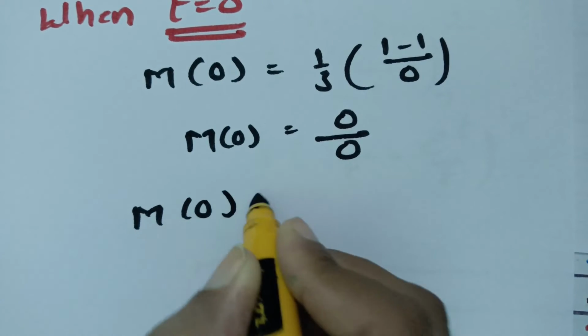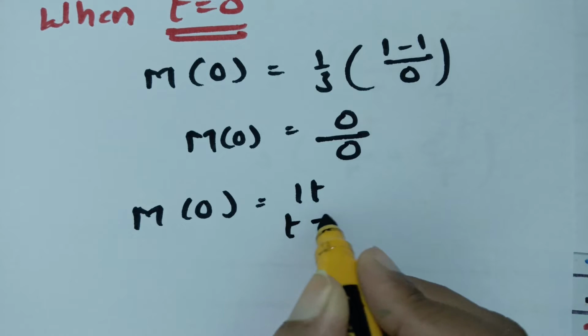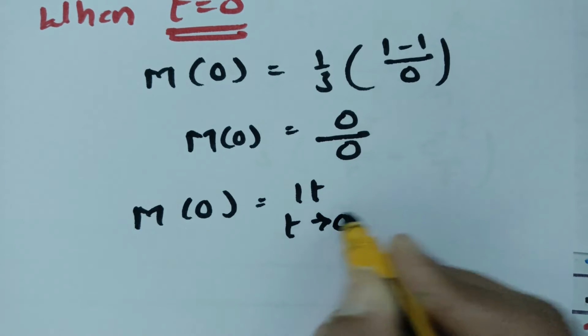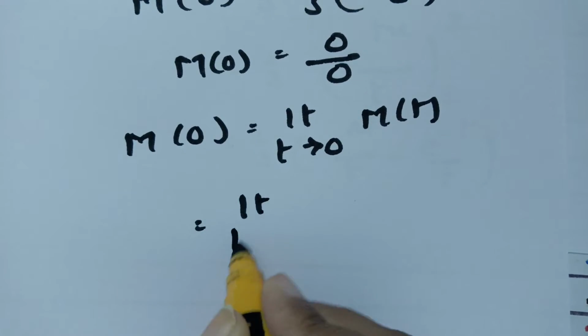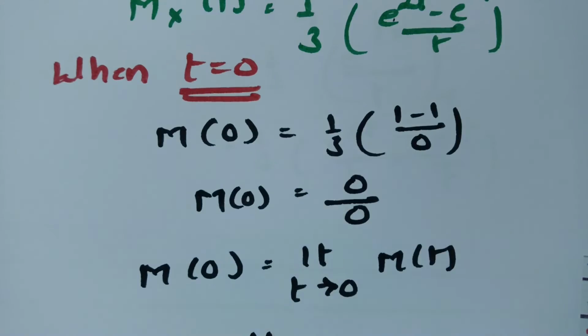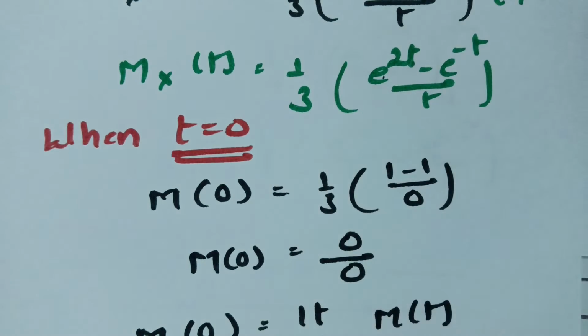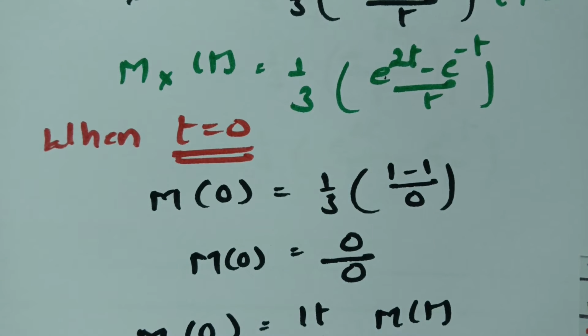Now M of 0 is equal to the limit as t tends to 0 of M of t. What is the M of t value? This is 1/3 times (e power 2t minus e power minus t) by t.